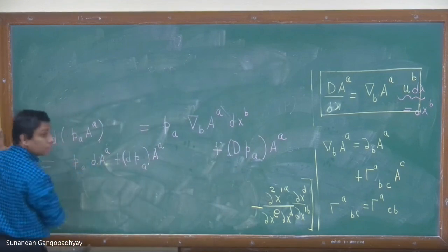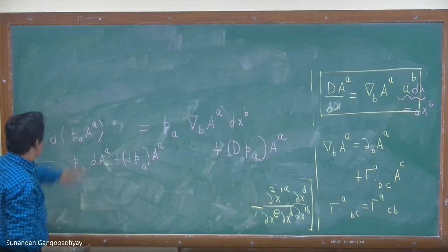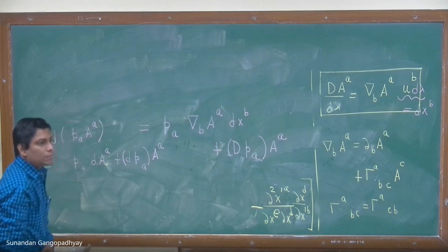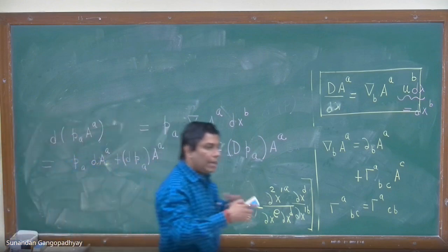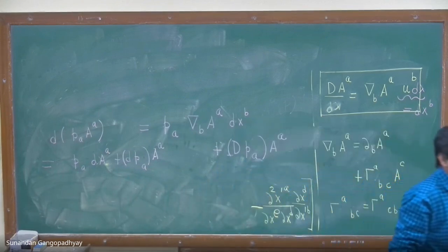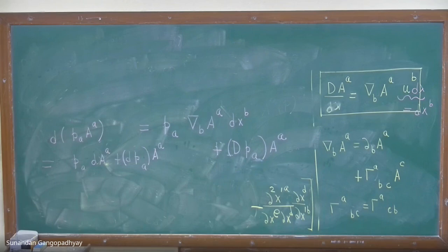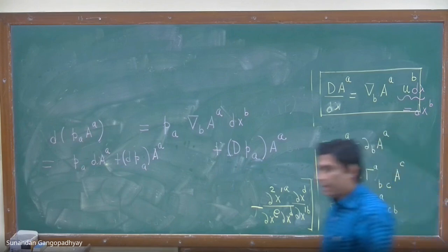Sir, I don't understand that part. Why are we replacing capital D with small d? For a scalar, you don't need the connection. A scalar transforms like a tensor of type (0,0) without the connection. The connection is needed only for the other part, which transforms like a tensor.